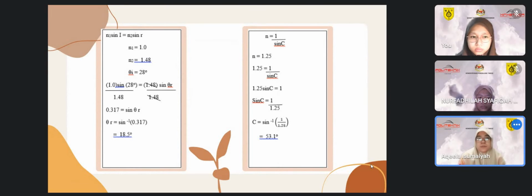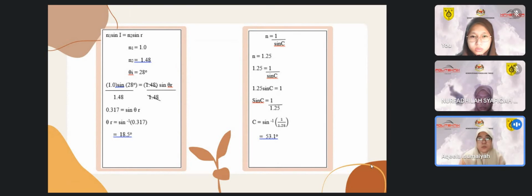and the refraction angle is 18.5 degrees. Next, we want to calculate the value of the critical angle. The formula is n equals 1 over sin c. The value for n is 1.25.